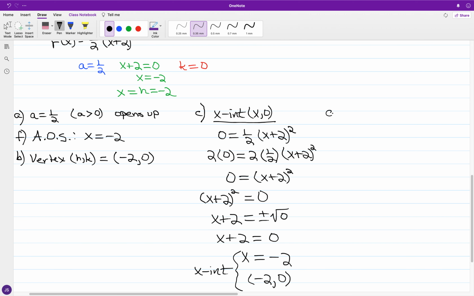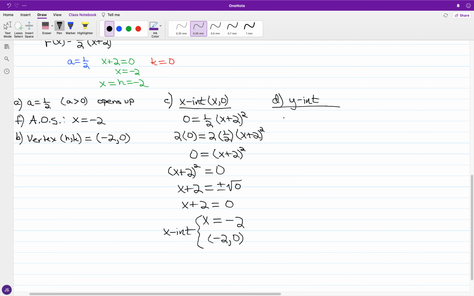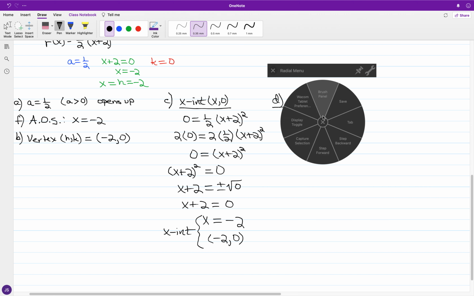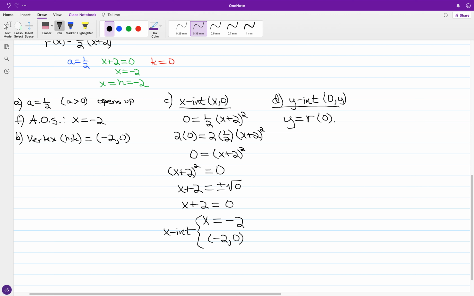And as for what we have regarding the y-intercept, we have that y is equal to r of x, where x is going to be set to 0. So r of 0 is equal to 1/2 of the square of 0 plus 2.